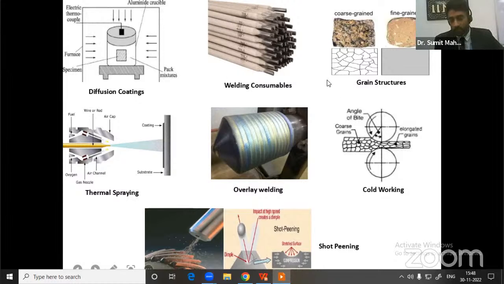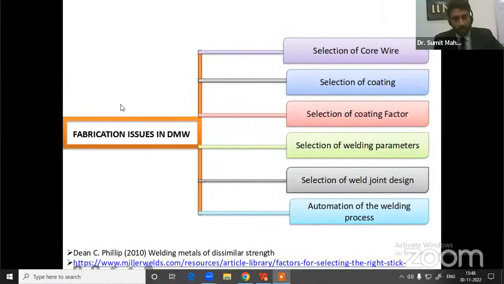This is welding consumables. Now, what kind of issues are we facing while making dissimilar metal welds? First of all, the selection of core wires. When we are going to use two different materials, A and B, which kind of consumable can we use: one matching A, one matching B, or some other material in combination with A and B?